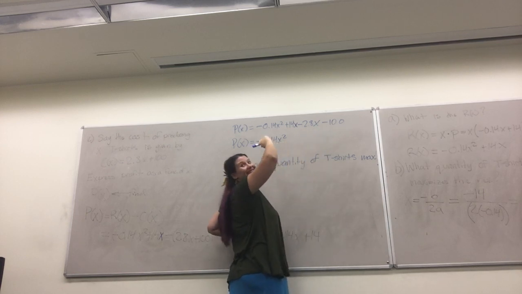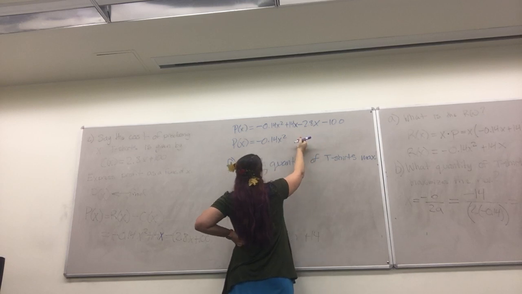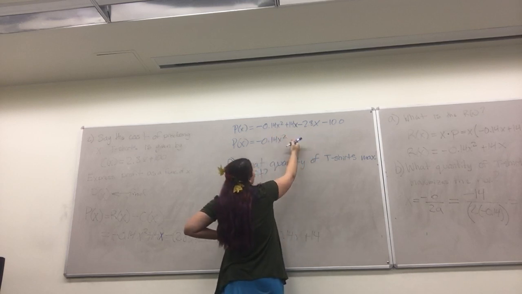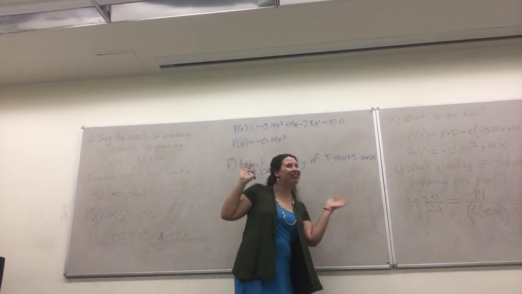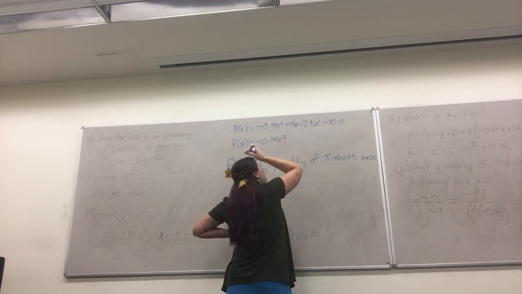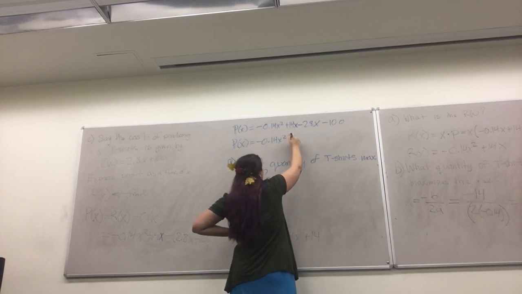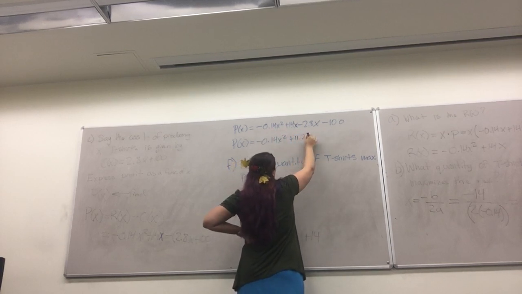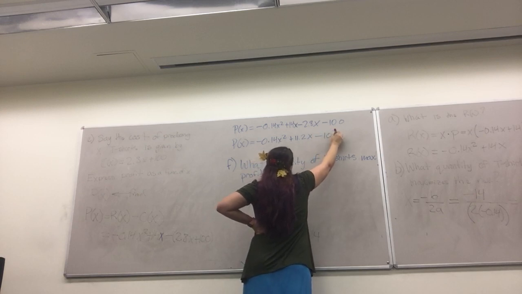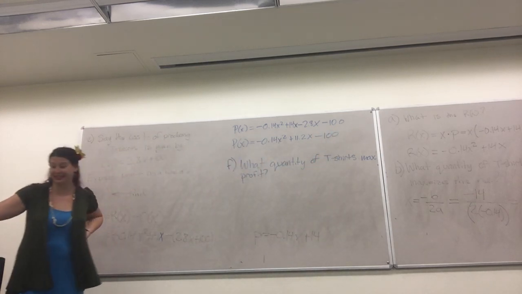Sorry for those of you using pen. Joke's on you. Happy Halloween. Okay, so 14 minus 2.8 is 11.2 minus 100. Good catch though, because that's going to throw us way off.